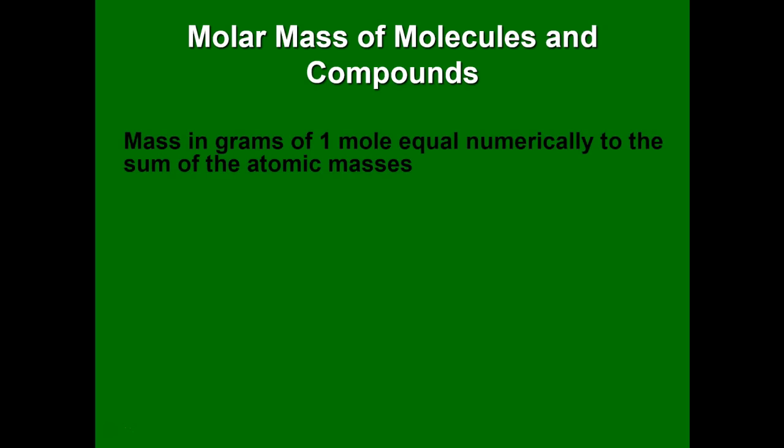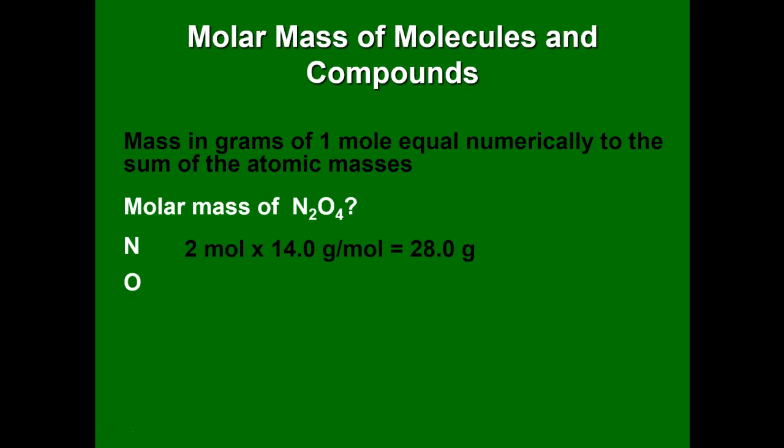Let's consider a molecular compound, and the particular one we're talking about here is called dinitrogen tetroxide. What would be the molar mass of dinitrogen tetroxide? Well, one molecule contains 2 nitrogen atoms, and therefore a mole of it is going to contain 2 moles of nitrogen atoms. Each mole of nitrogen atoms weighs 14 grams, and so the nitrogen in a mole of N2O4 is going to weigh 28 grams.